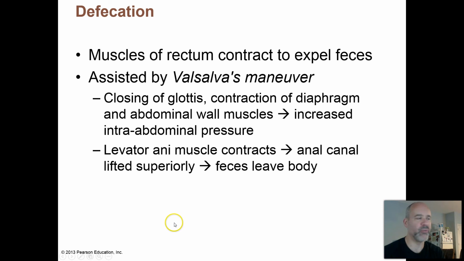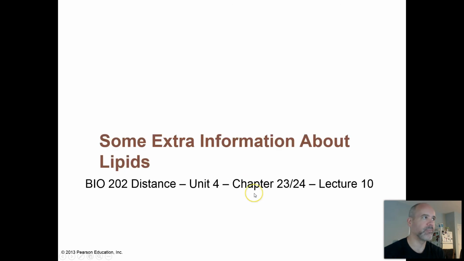I'm sure we can all imagine, we've all experienced the Valsalva's maneuver, even if we didn't know what it was called before. The levator ani muscles that are down in the very bottom bowl of the pelvic cavity also contract, and that helps lift the anal canal, and that allows the feces to leave the body.